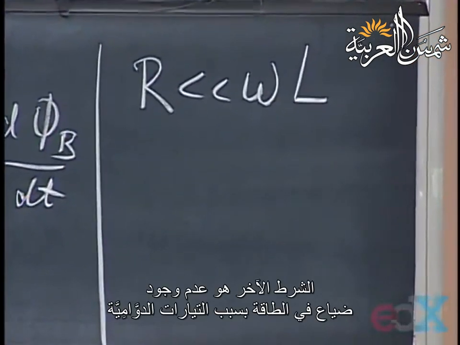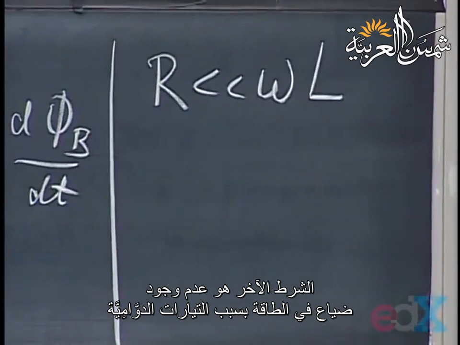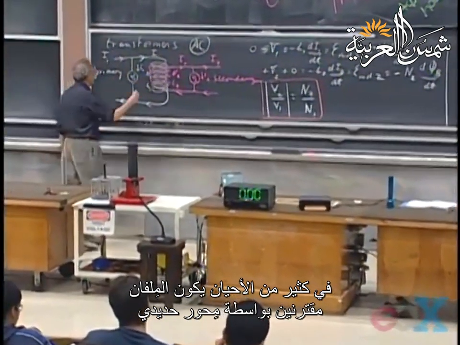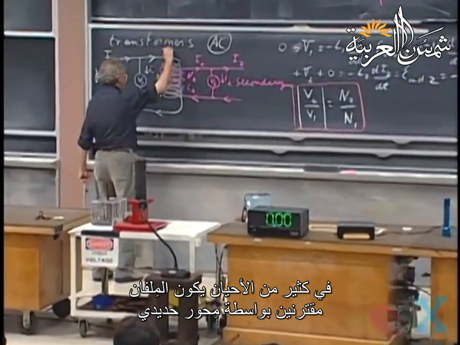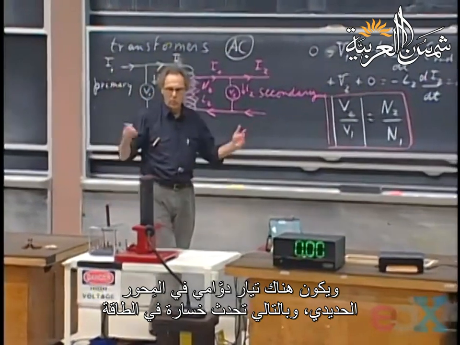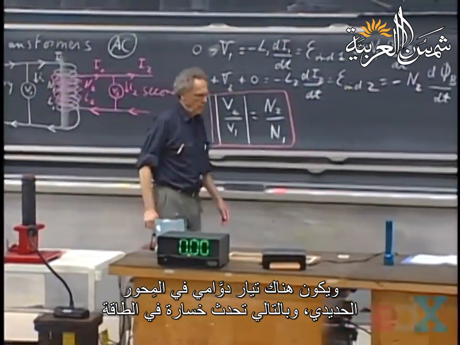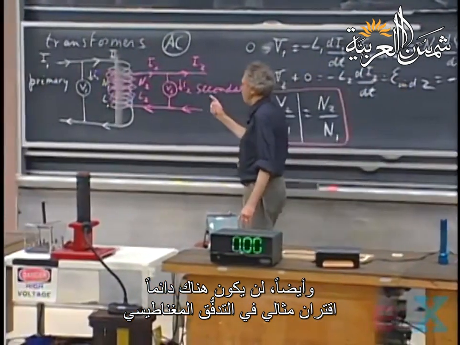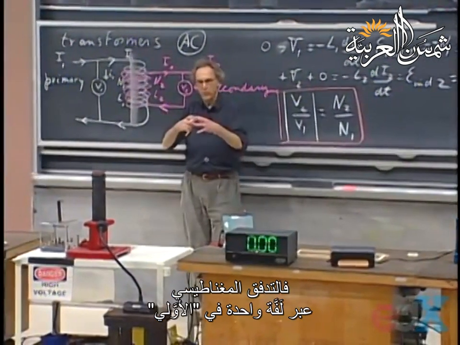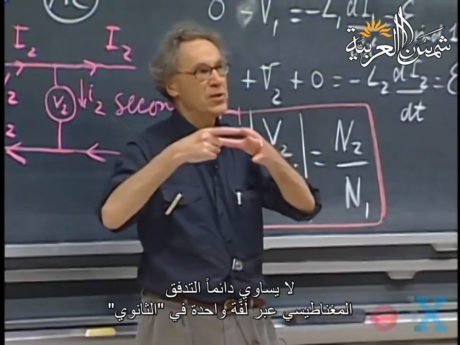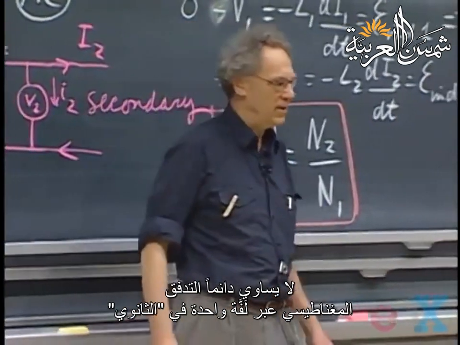The second if is that no energy is lost in terms of eddy currents. Very often these two coils are coupled through an iron core, and then you get eddy currents in the iron core, then you lose energy. Also, you do not always have ideal flux coupling. So it is not always true that the magnetic flux through one coil in the primary is the same as the one through one coil in the secondary.